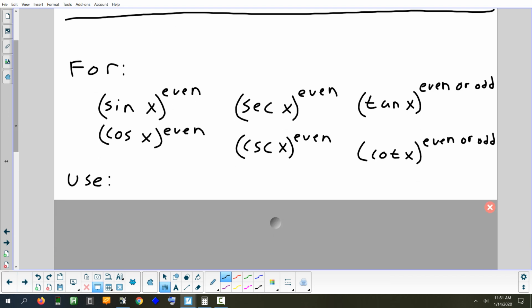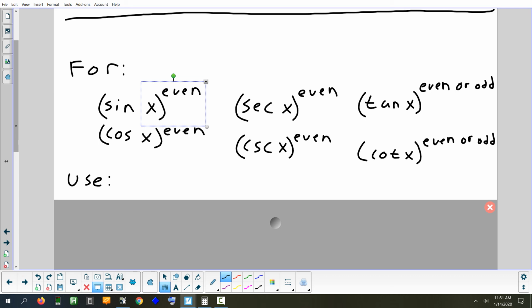So the idea is if you have sine, cosine, secant, cosecant to an even power, or any tangent or cotangent. Think about what we just did here. We had sine squared earlier.